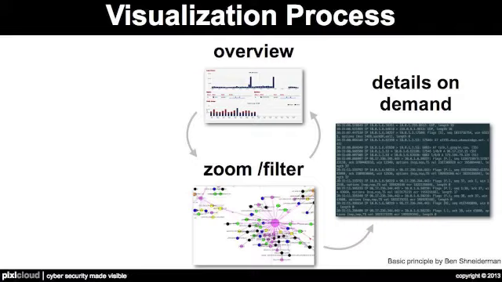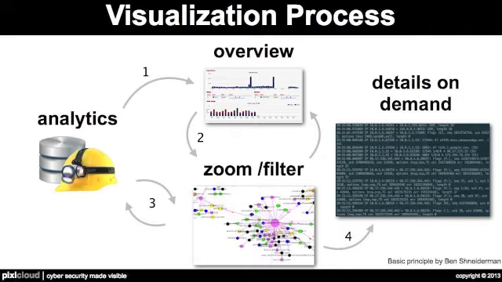You can't just dive in and start at the detail. You have to get the overview, understand the rough picture of what's going on, start zooming in, filter things, pan around, and then once you find something interesting, you often have to go back to the details, because the visualization is not going to convey all the details. So you need to go back to the details to figure things out.